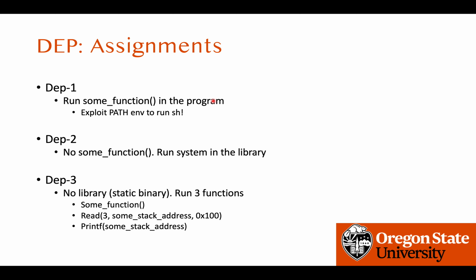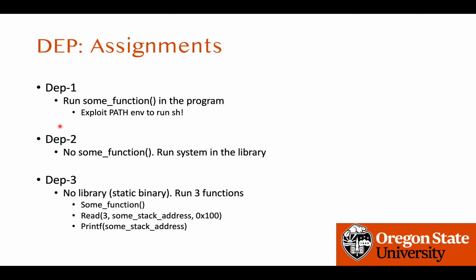So the assignments for breaking DEP, data execution prevention, are as follows. In DEP 1, you cannot upload and run your shellcode. Instead, you can run some function defined in the program. And it will run some command for you, but you can hack the environment to get the privilege and read the flag by running this function.